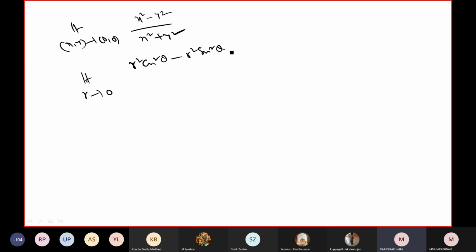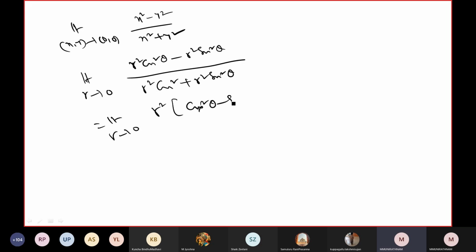We go for this problem, limit xy tends to 0 comma 0, x square minus y square by x square plus y square. Here when we take x equal to r cos theta and y equal to r sin theta, r square cos square theta minus r square sin square theta by r square cos square theta plus r square sin square theta. So it is nothing but r tends to 0, r square taken common, cos square theta minus sin square theta by r square, because cos square plus sin square is 1.